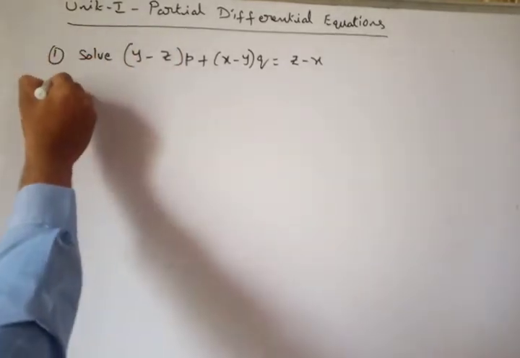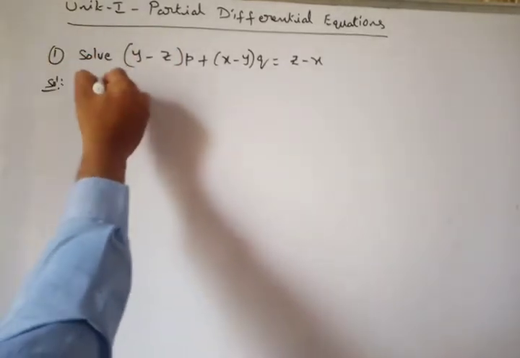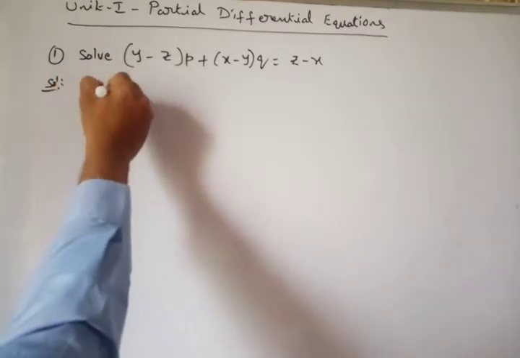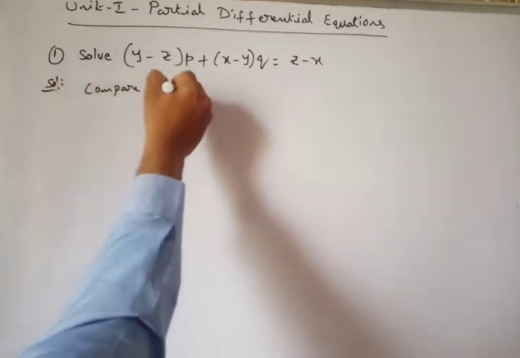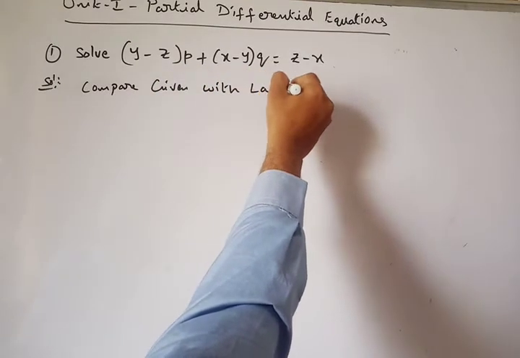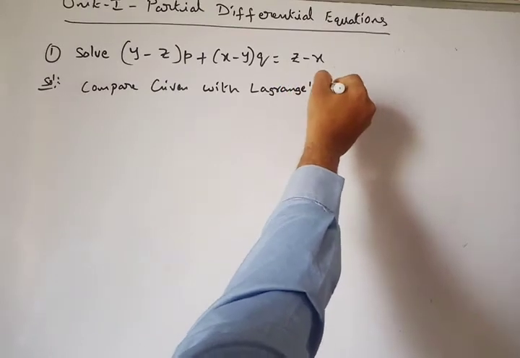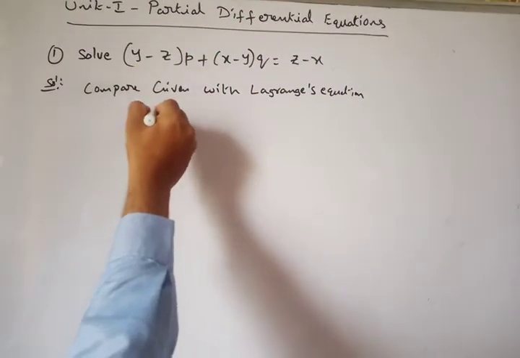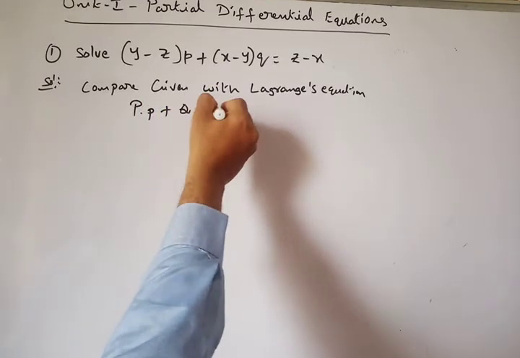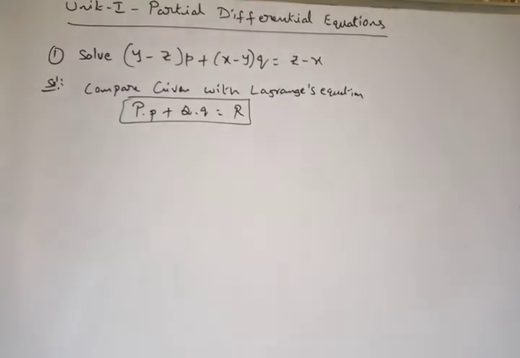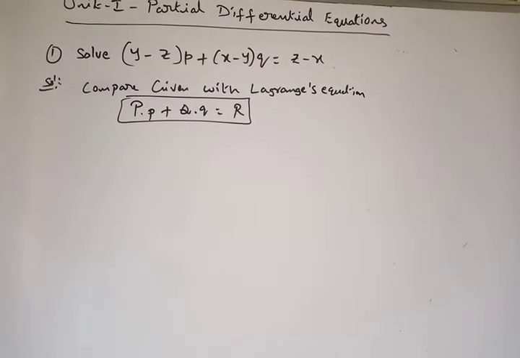How? Compare the given equation with Lagrange's equation. What is our Lagrange's equation? Capital P into small p plus capital Q into small q is equal to capital R. So what is my capital P here?